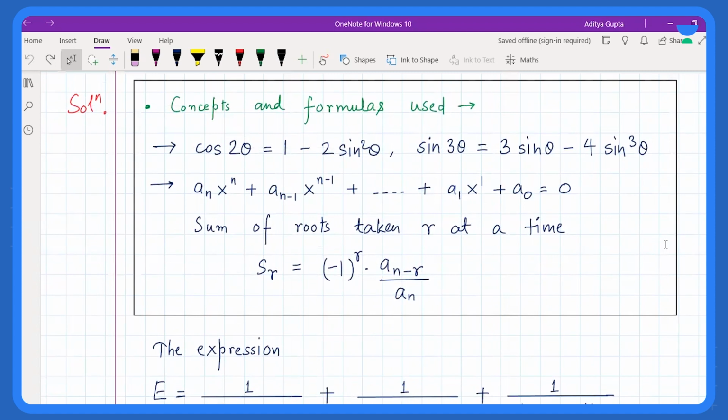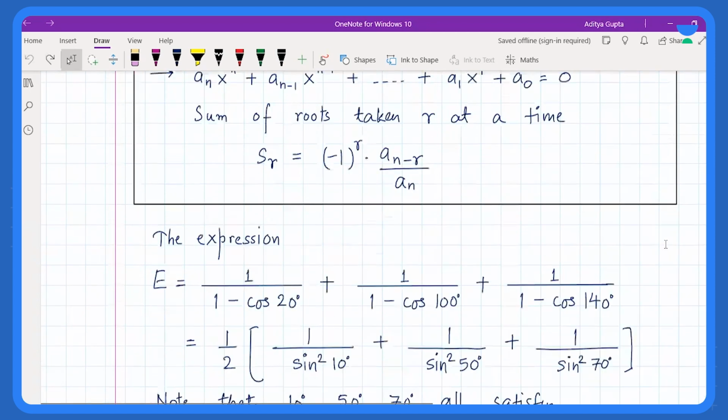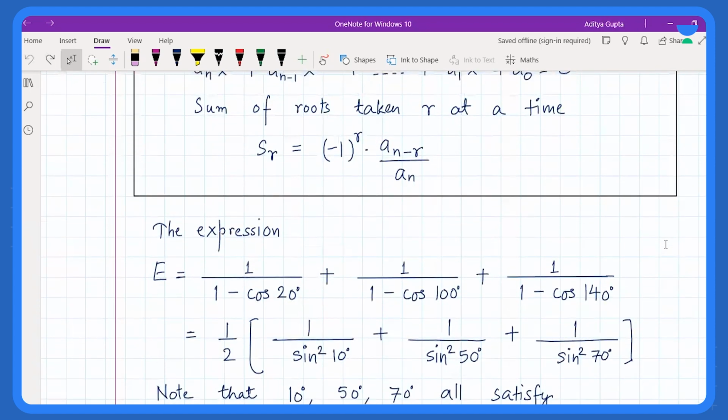If I bring cos 2 theta to the right hand side and transpose 2 sine square theta to the left hand side, we get 1 minus cos 2 theta is equal to 2 sine square theta. That's what we have used to write 1 minus cos 20 degree as 2 sine square 10 degree, then similarly 1 minus cos 100 as 2 sine square 50 degree, and so on for all the terms. Finally, of course, we have taken half as common.